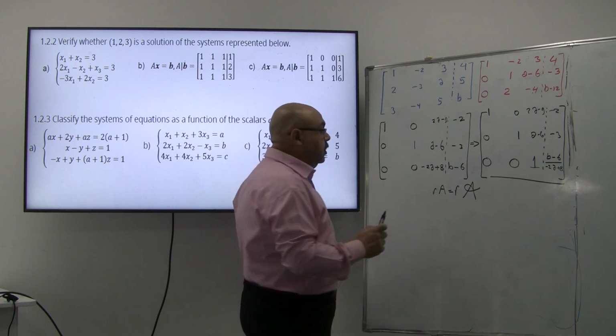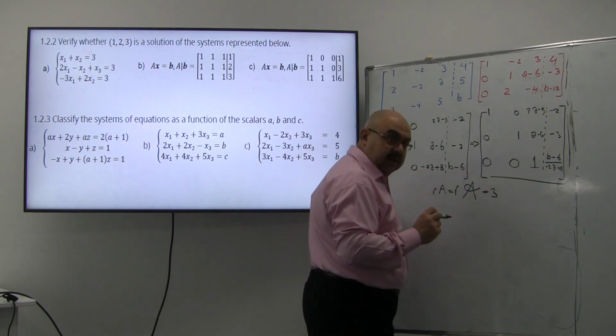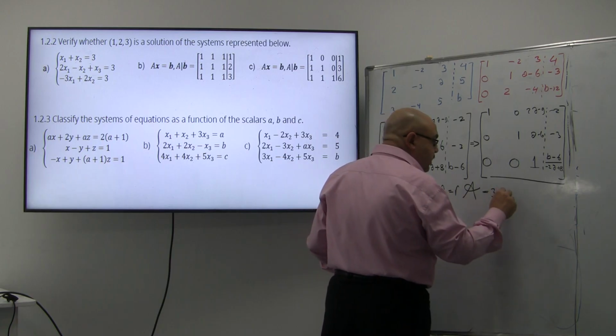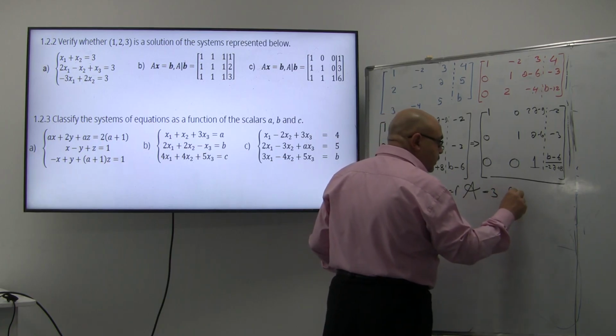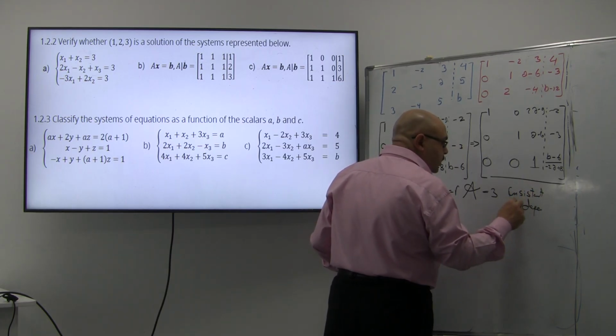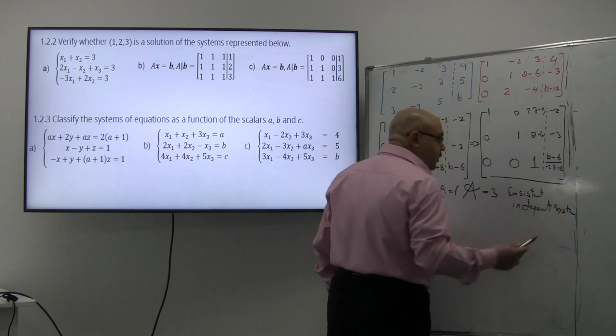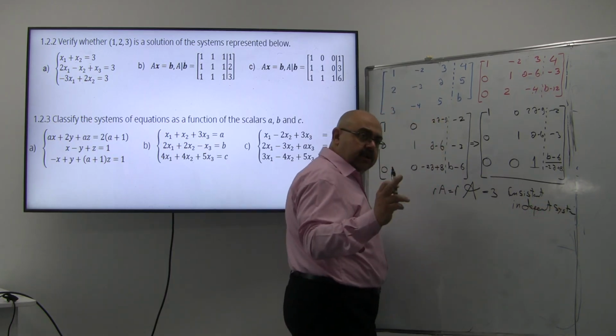So those ranks are equal to the number 3. So this is going to be a consistent, independent system, which means it will give a unique solution, but under one condition.